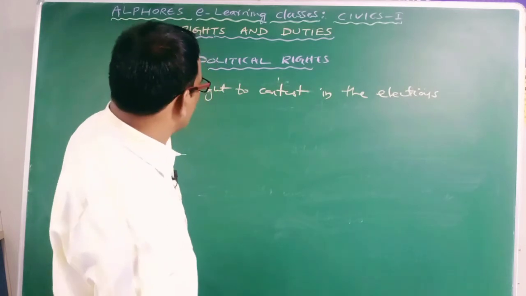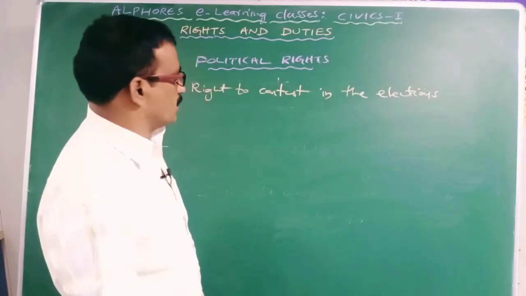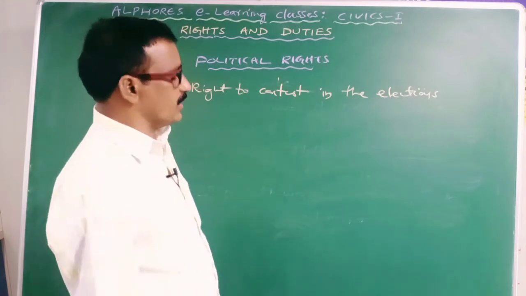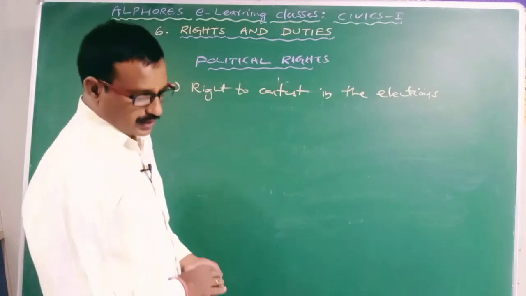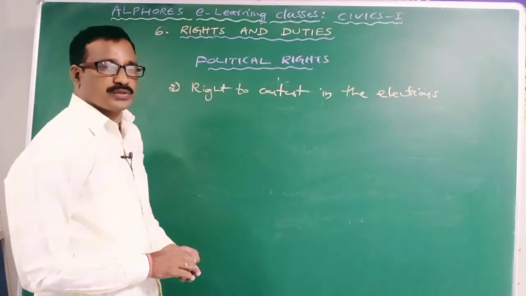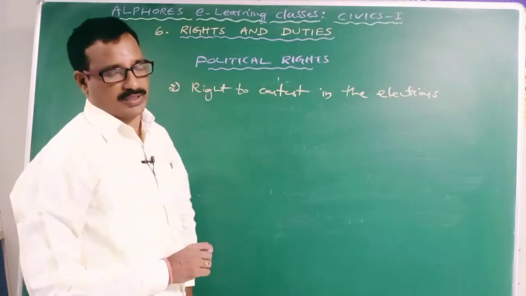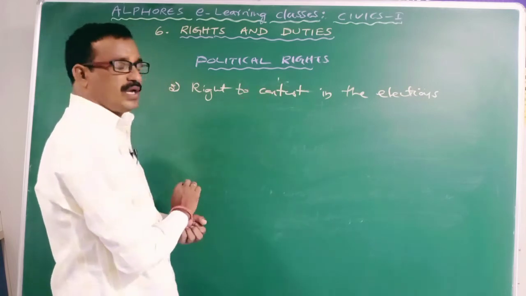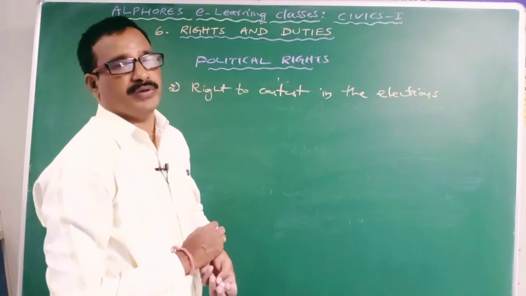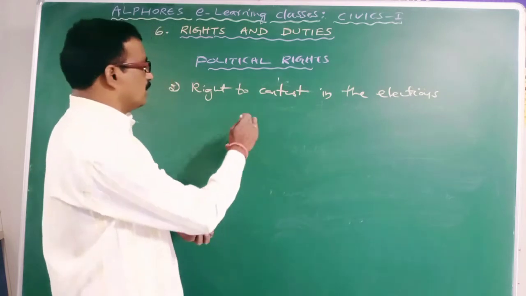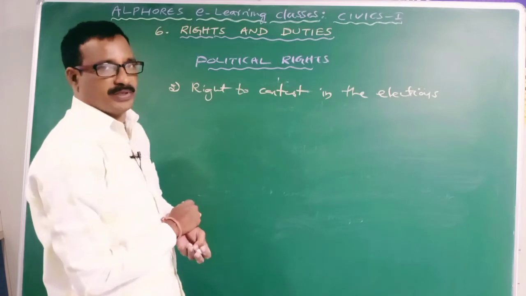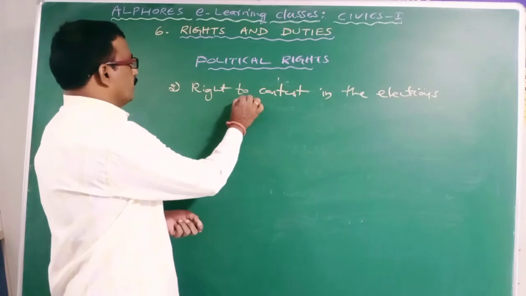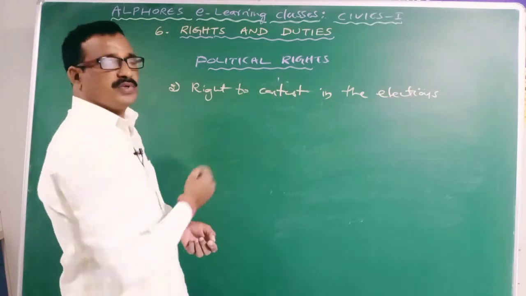This right provides the freedom to all the citizens to contest in the elections as a candidate and to become representatives of the people in the legislative bodies. Representatives means either MLA or MP. So it is very useful to the citizens.